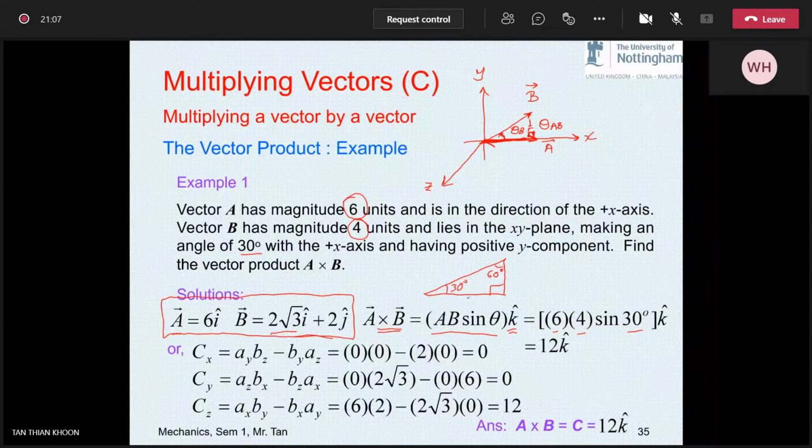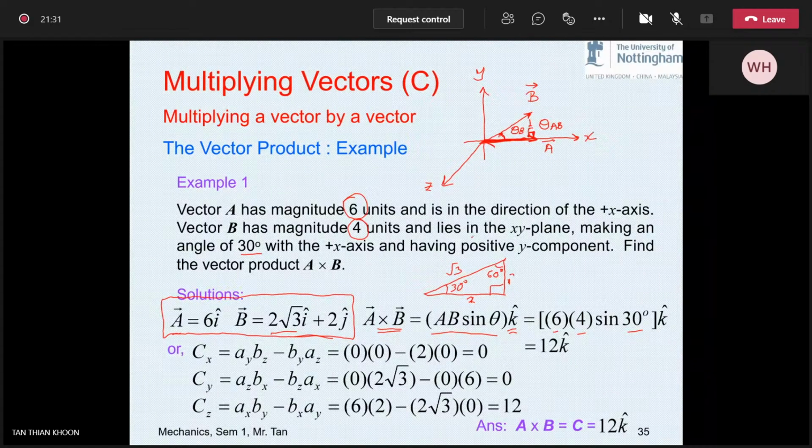So we have this as 1, 2. Oh, sorry. This is 2. This is 1, 2, 3. That's how we obtain it.